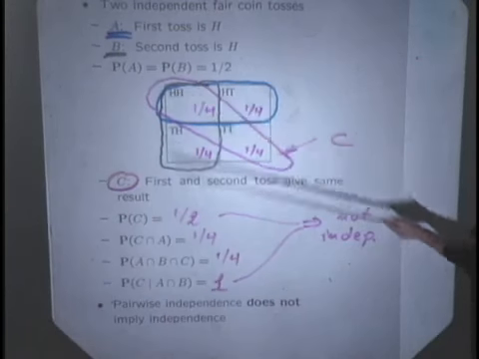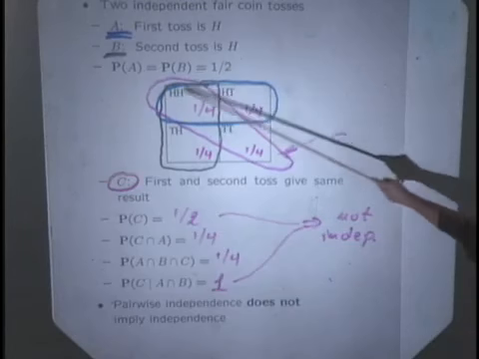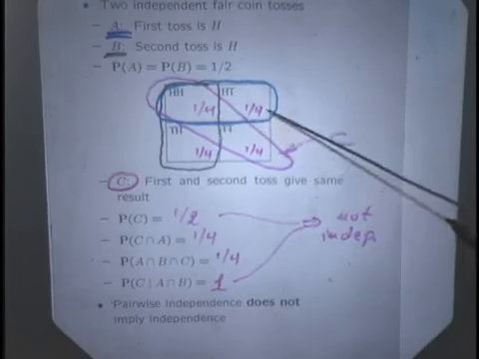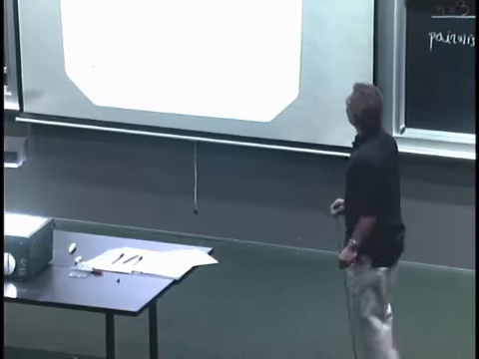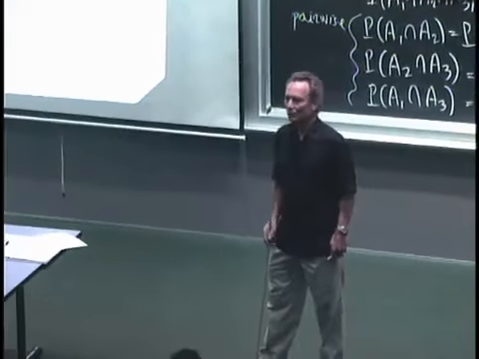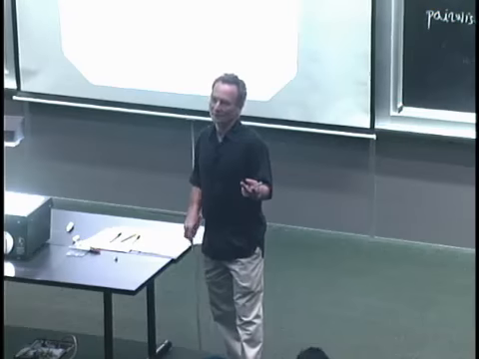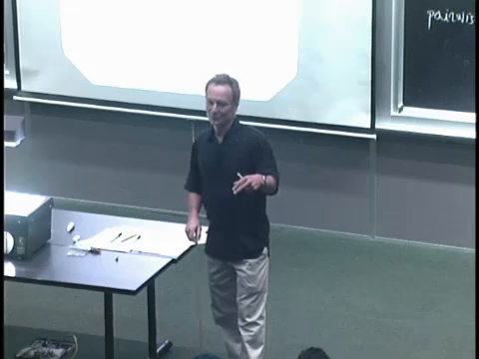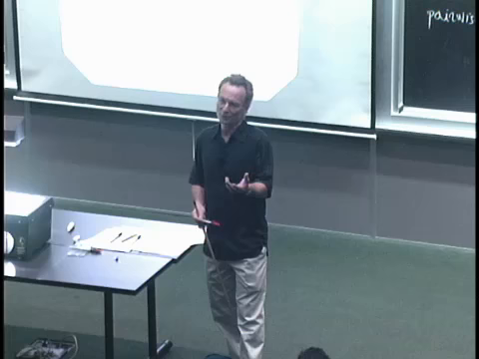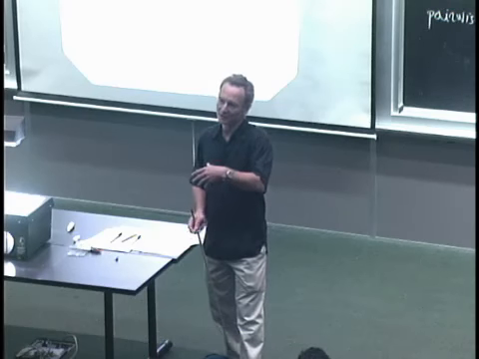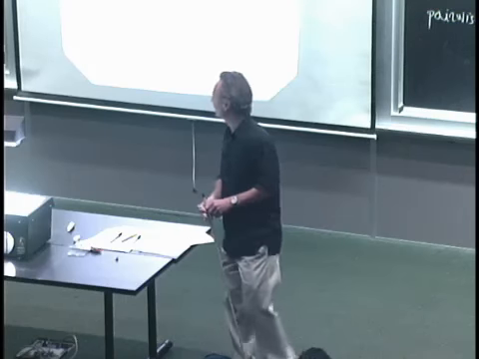So it checks. 1/4 is equal to 1/2 times 1/2. So event C and event A are independent. Knowing that the first toss was heads does not change your beliefs about whether the two tosses are going to have the same outcome or not. Knowing that the first was heads, well, the second is equally likely to be heads or tails. So event C has just the same probability, again, 1/2 to occur.